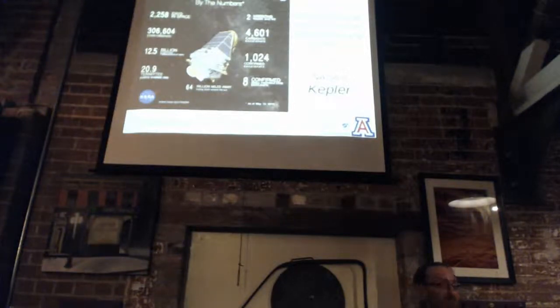It's the single most productive tool that we humans have ever had for finding new planets around other stars. As you can see here, it's found 4,000 or 5,000 candidate planets, most of which are probably real planets, over 1,000 things that are already definitely confirmed, absolutely these are planets. It's downlinked many terabytes of data, which is publicly available. Feel free to go and play around with it after this if you want.